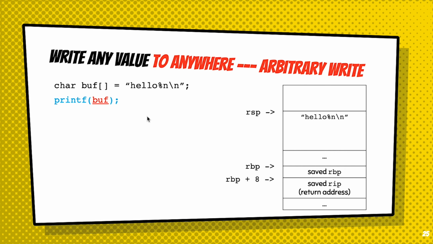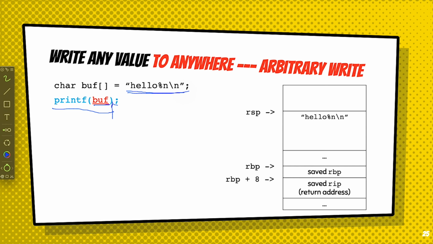I will give you some hints first. Suppose that we have a buff as follows: hello %n, and then \n, and then we're going to use printf. And here there is a vulnerability. This is a format string vulnerability because we don't specify anything, and the format string is controllable.